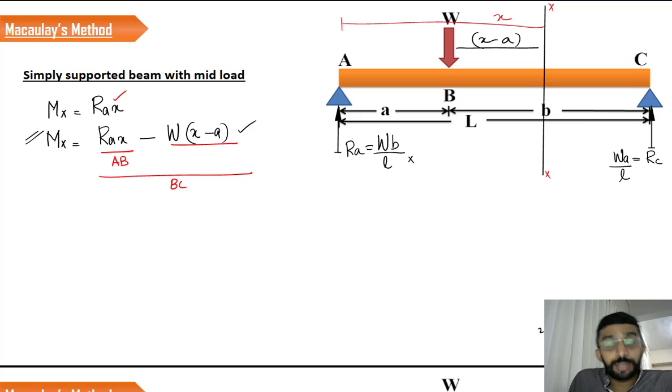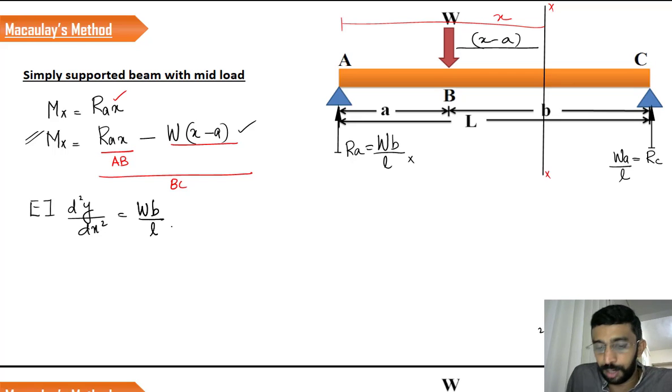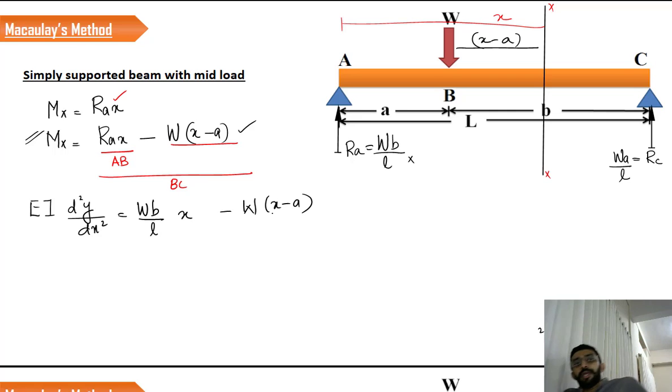Now as I told you, we will be following the double integration method, where we equate with the moment curvature relationship, which is going to be EI into d square y by dx square equal to, what was the value of Ra? It is W into B by L into x minus W into x minus a.